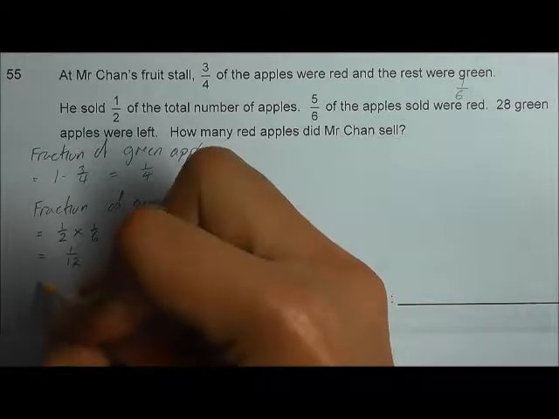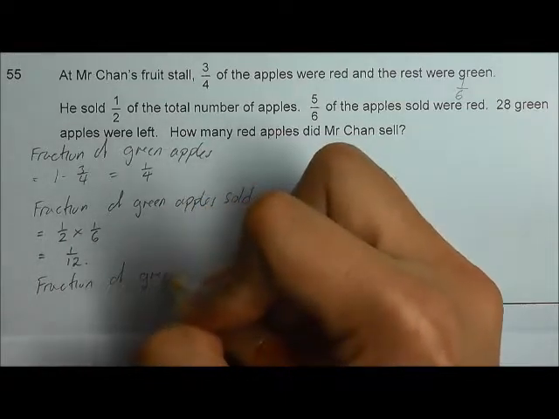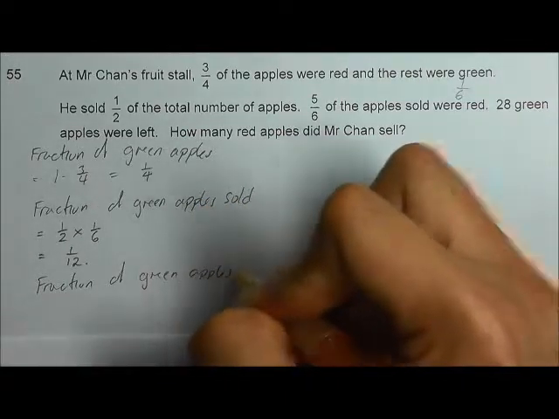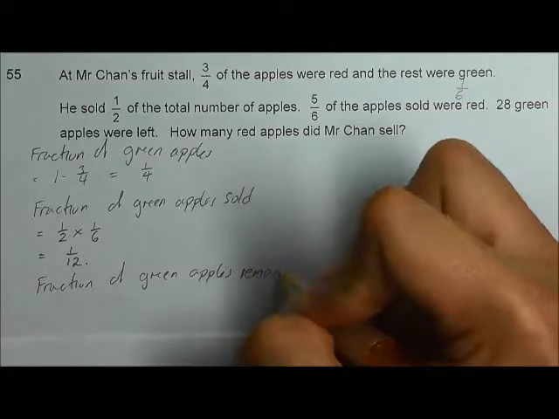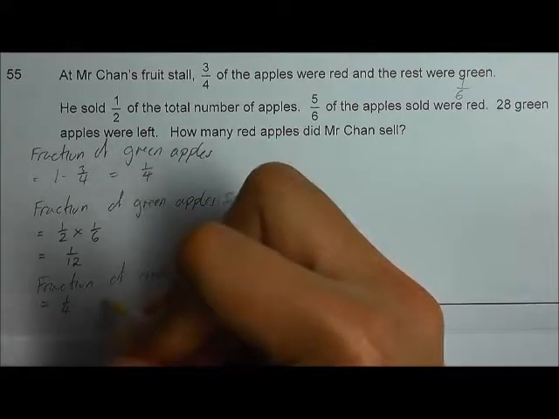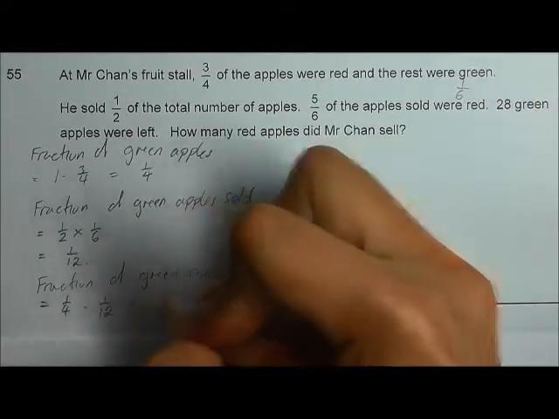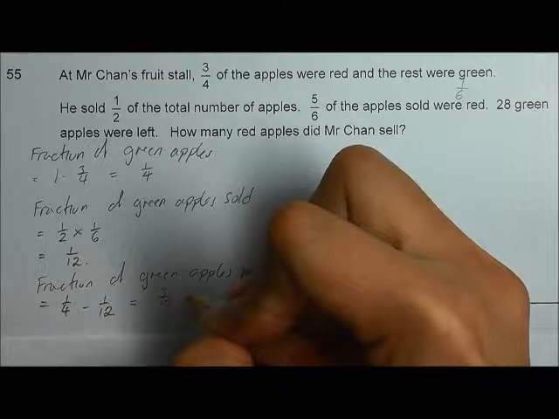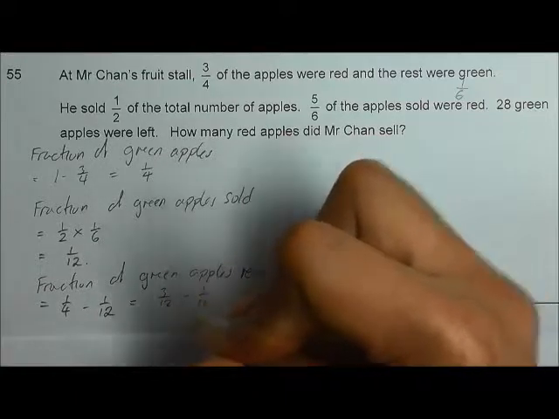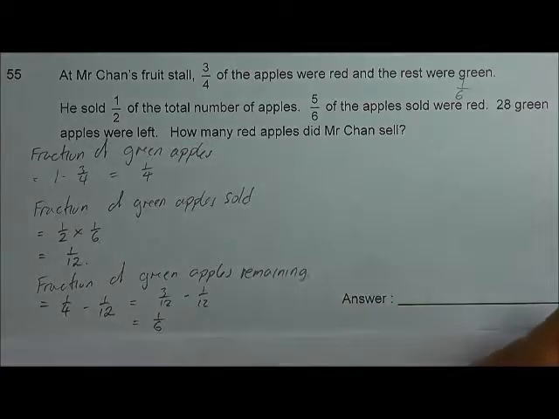So the fraction of green apples remaining will be 1/4 minus 1/12, and we'll get 3/12 minus 1/12, and the answer should be 1/6.